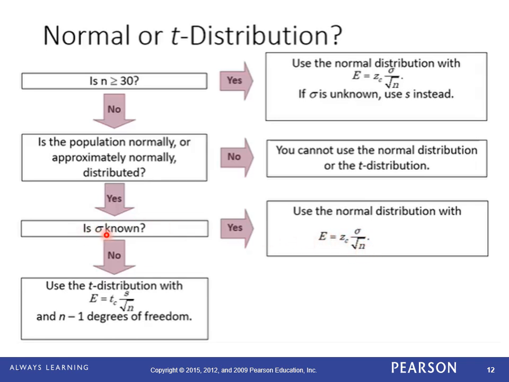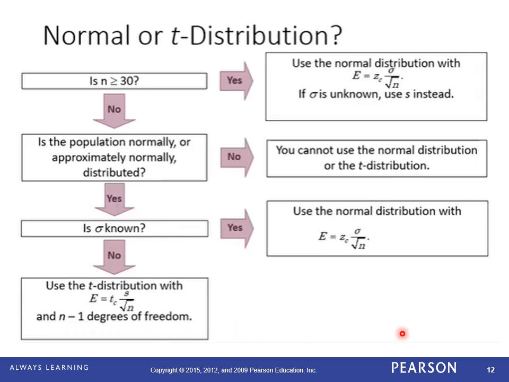If you don't know it, then use this instead, and to find our degrees of freedom, make sure that you do n-1. Those are the examples that we just looked at, where we were using a sample. It was normally distributed, we didn't know the population standard deviation, so we used the sample, and we used n-1 for our degrees of freedom.